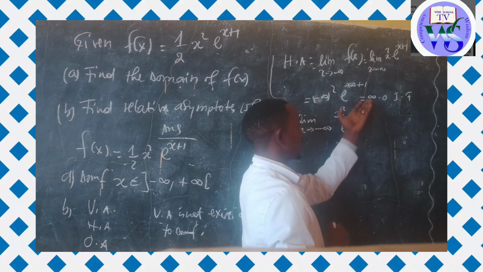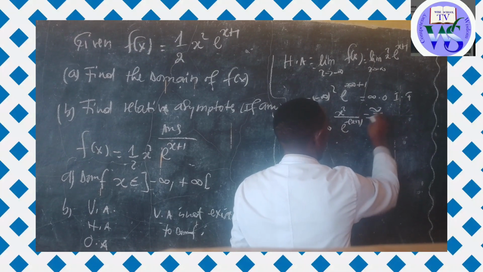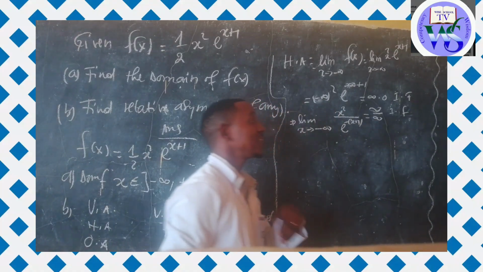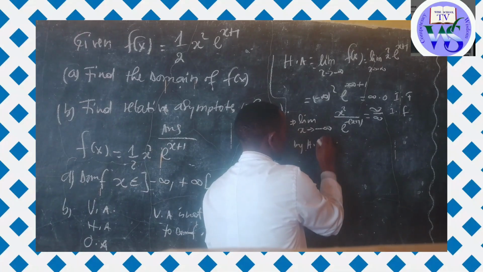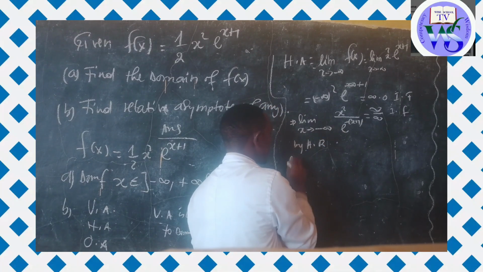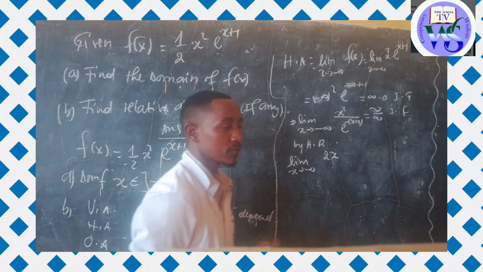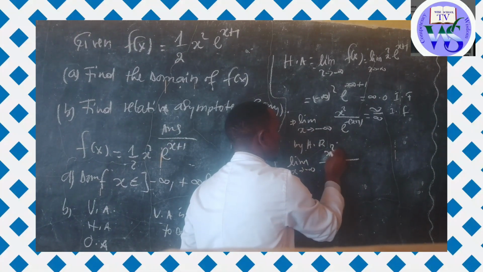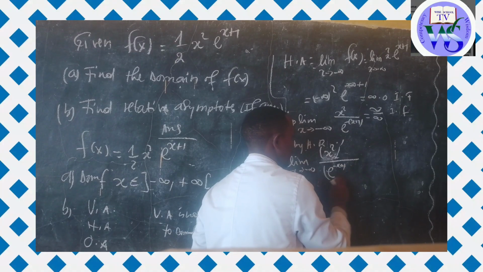When you move this, it became positive. So this is the same as infinity over infinity, an indeterminate form. So by L'Hospital's rule, we find the limit of x to minus infinity of 2x over, we take the derivative of x squared over the derivative of e power minus x plus 1.